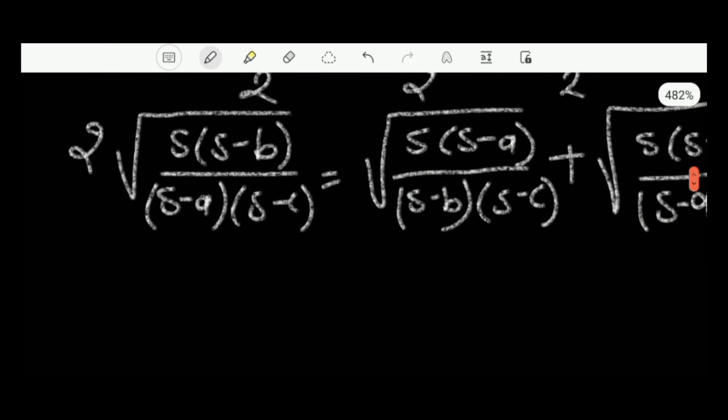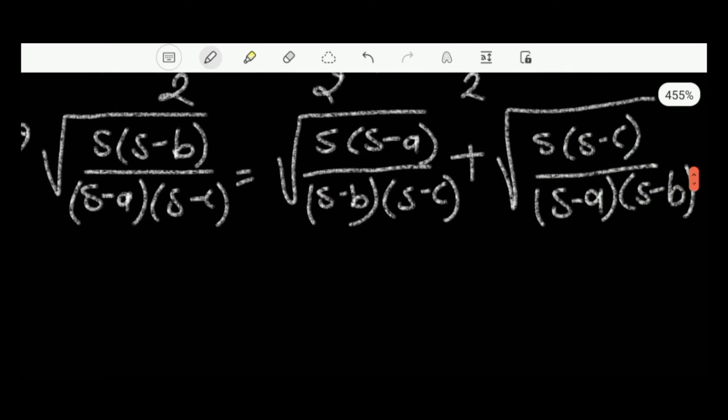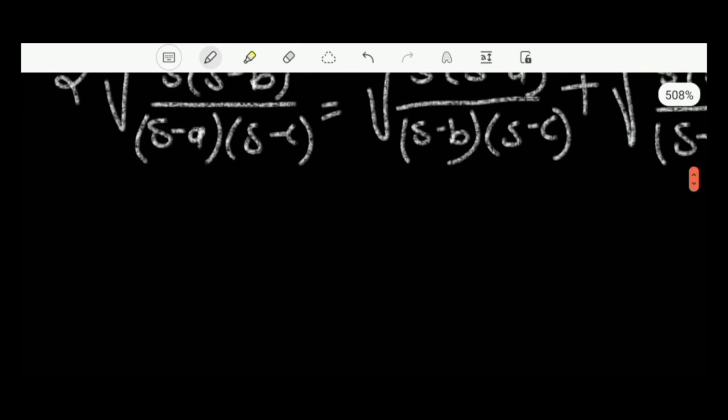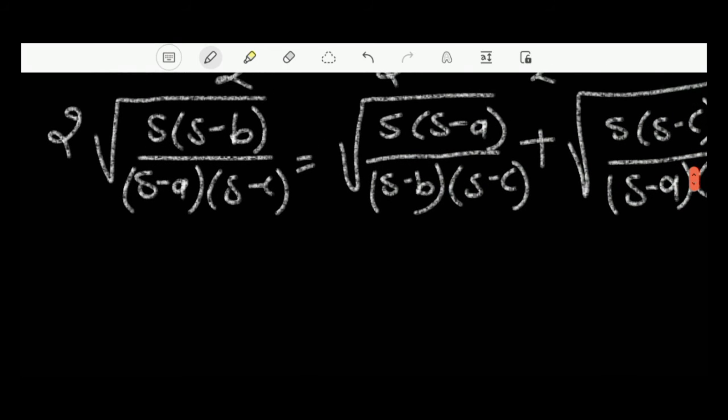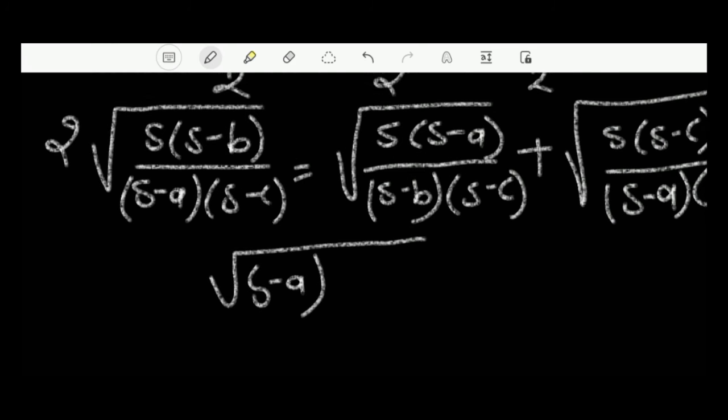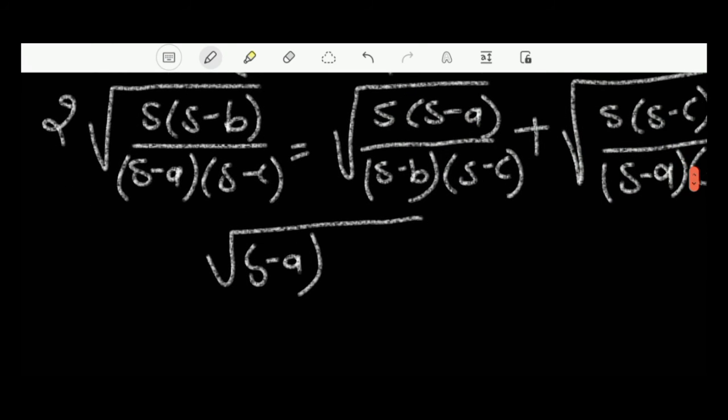For solving this further, we have to multiply this expression by square root of s minus a, s minus b and s minus c.